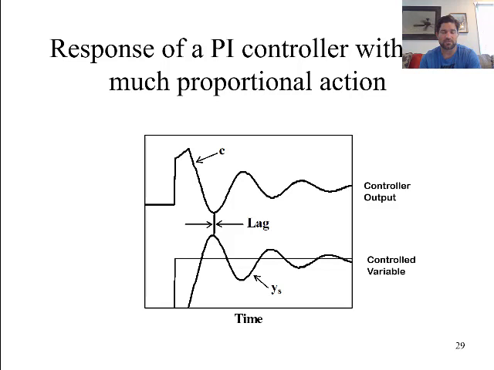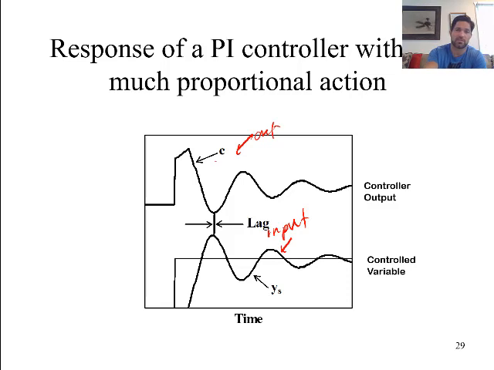As stated, when there's too much proportional action, see this again. This is output. This is input. Sense value. This affects the error. Error is the input for the controller output. There will be no lag in the output. This means there's too much proportional term, because again, the proportional term is doing all the work.